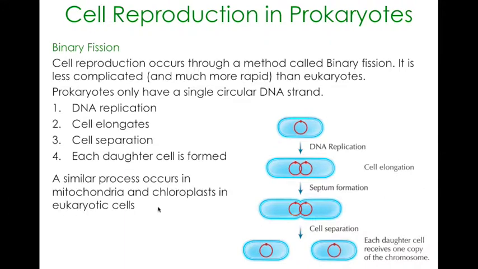Now, for eukaryotic cells, we use mitosis, but within the eukaryotic cells, the mitochondria and the chloroplast will undergo a similar process to this.